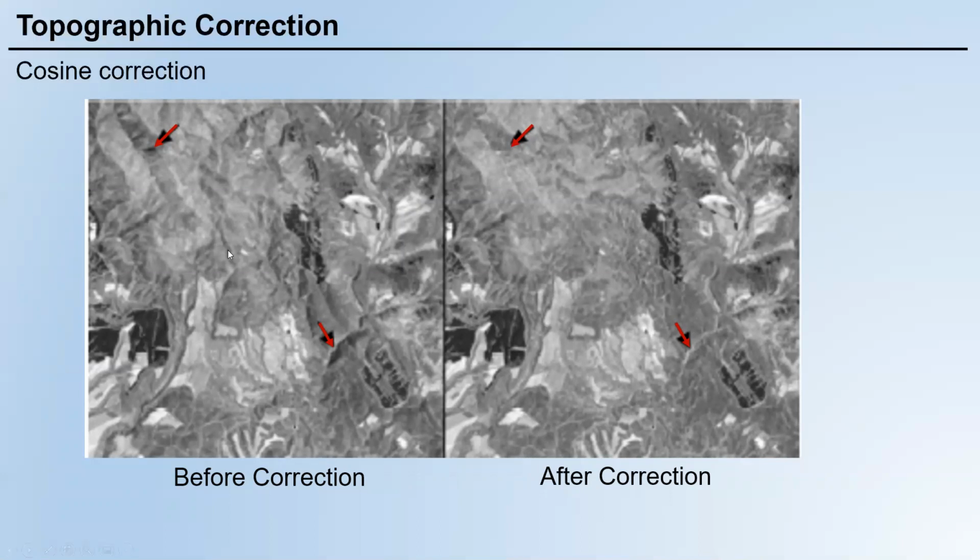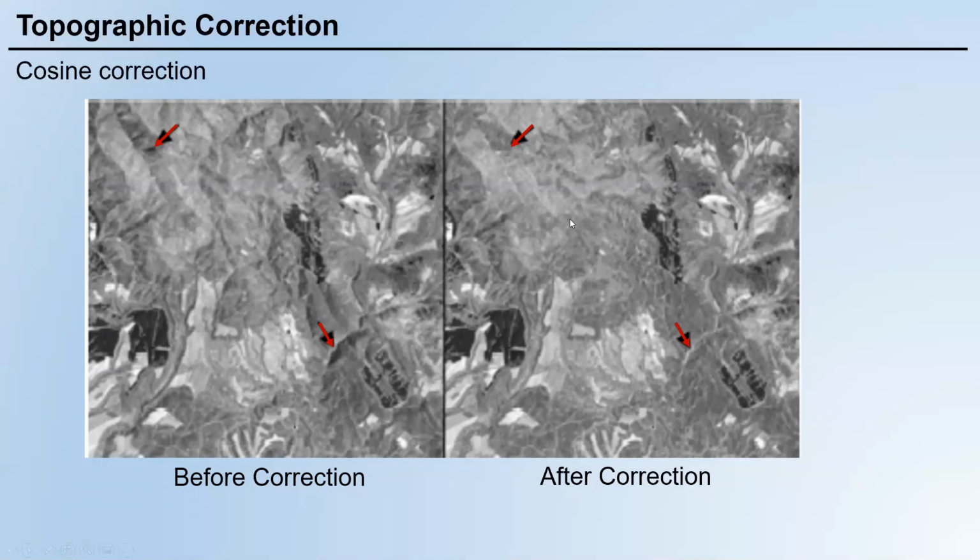In general, this image is for a rural area, and it should be mostly covered by vegetation. So it's safe to say that although this area is in shadow, and also this area, they should be covered by vegetation. We should do the correction to make sure that the vegetation in this shadowed area has the same reflectance as its counterparts in unshadowed areas.